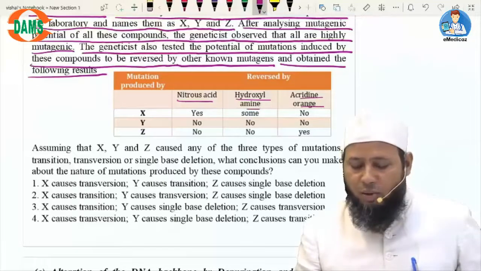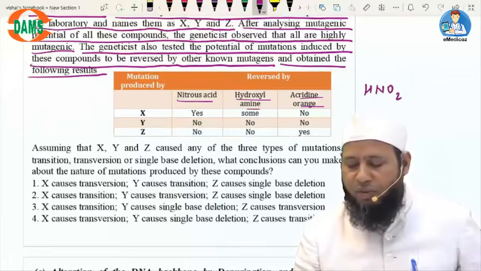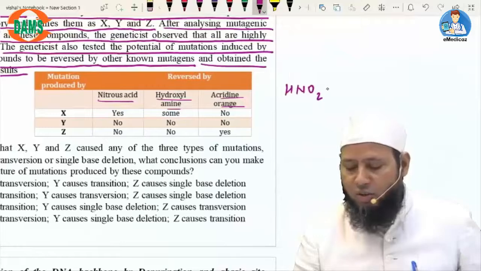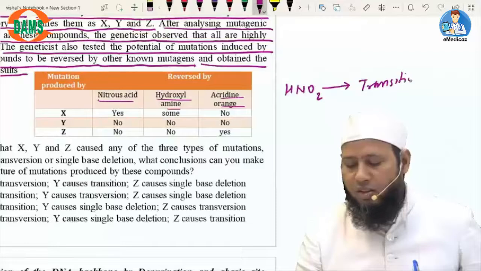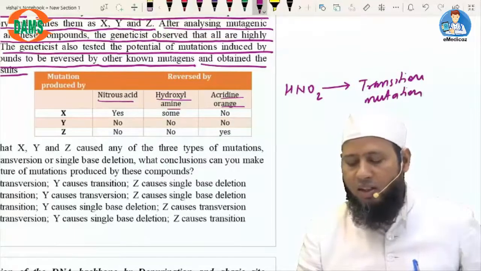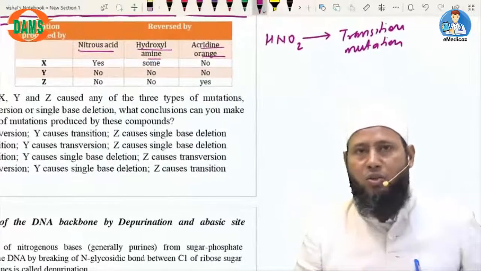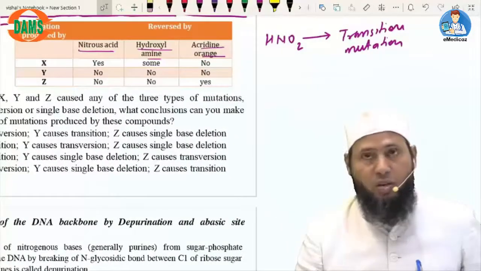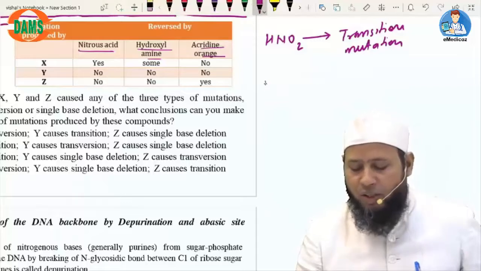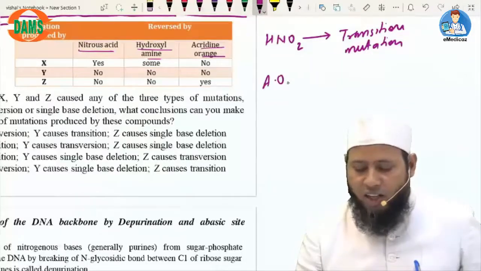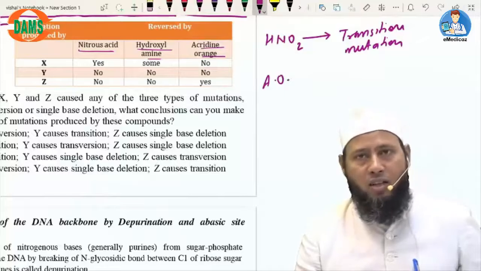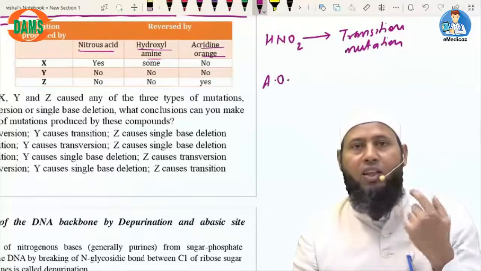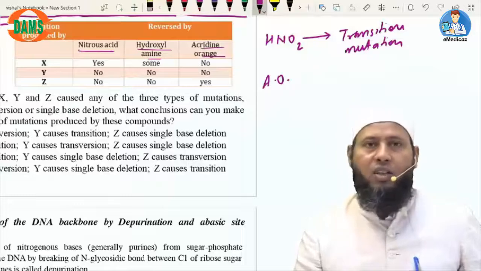We know from our previous class that nitrous acid, HNO2, does the transition mutation. Similarly, we know acridine orange is a DNA intercalator.